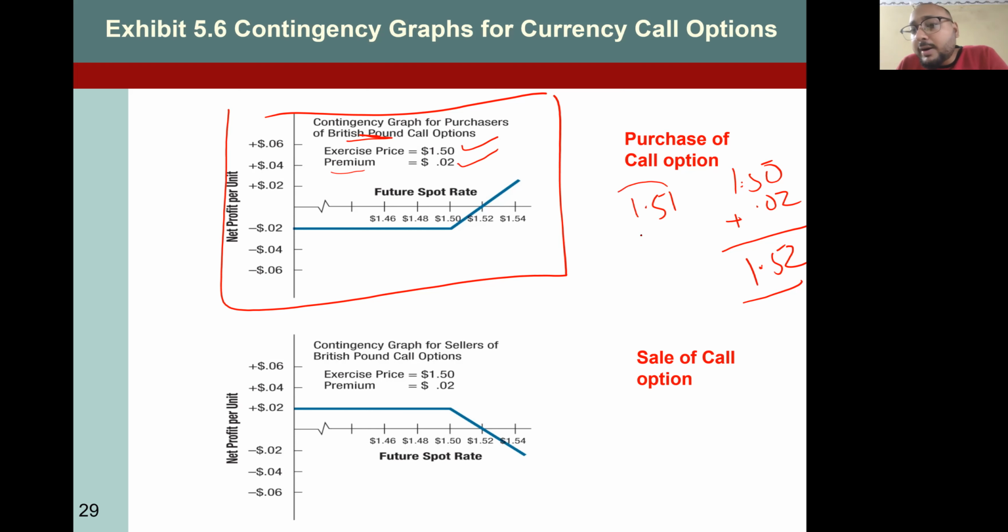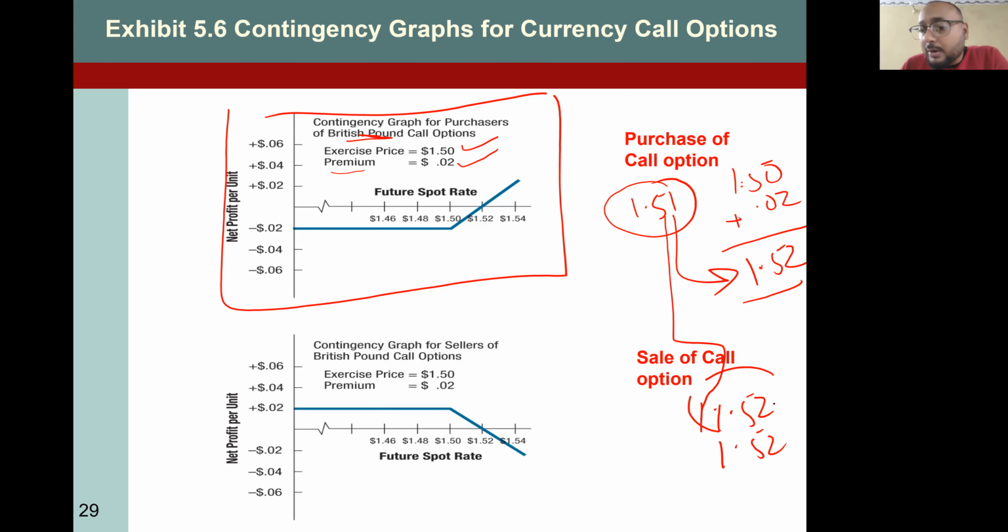So if the price in the market is 1.51, it means you still have a loss. If the price is 1.52, it means you are at break even, because your cost is 1.52 and the spot price in the market is 1.52.